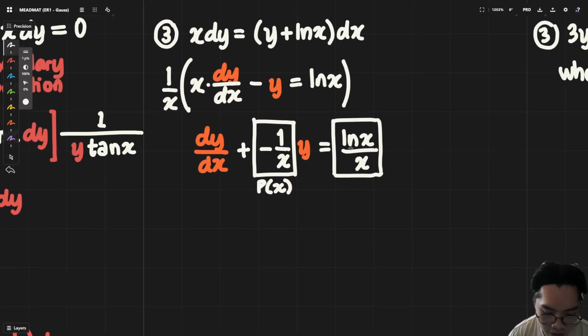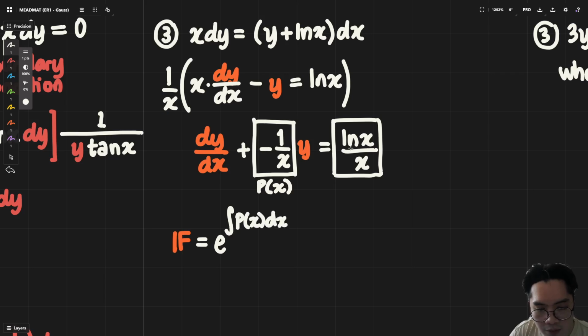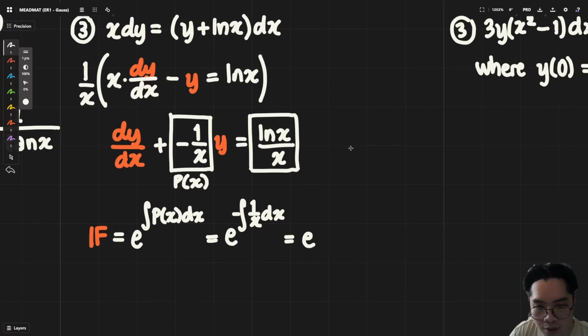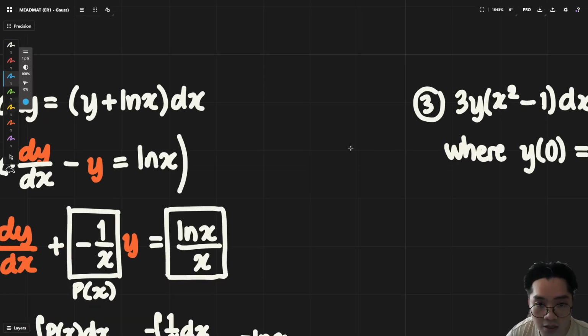Speaking of which, our integrating factor will be e raised to the integral of p of x dx. That will be e raised to negative 1 over x dx, and then that will be e raised to negative ln of x, right? And if you don't know what to do, because this looks complicated, I will remind everyone of the special relationship between logarithms and exponents.